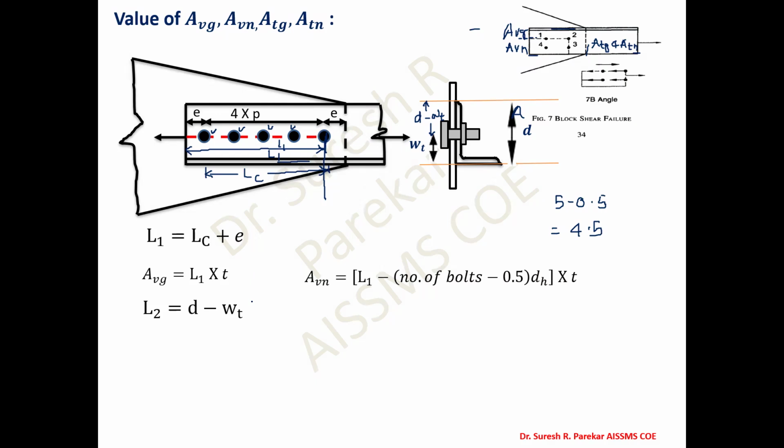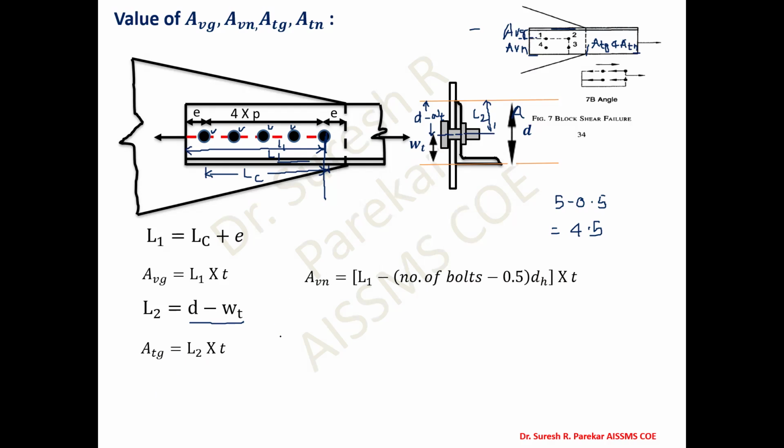Now for ATG, we have L2. L2 is nothing but D minus WT. I already mentioned that it is till the center of bolts, but from two sides. This is my value L2. Then L2 into T is ATG, the gross area. Then we have to subtract the bolt.